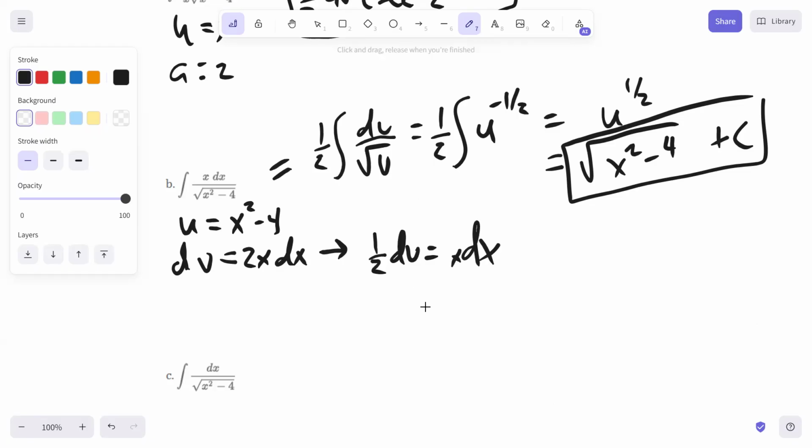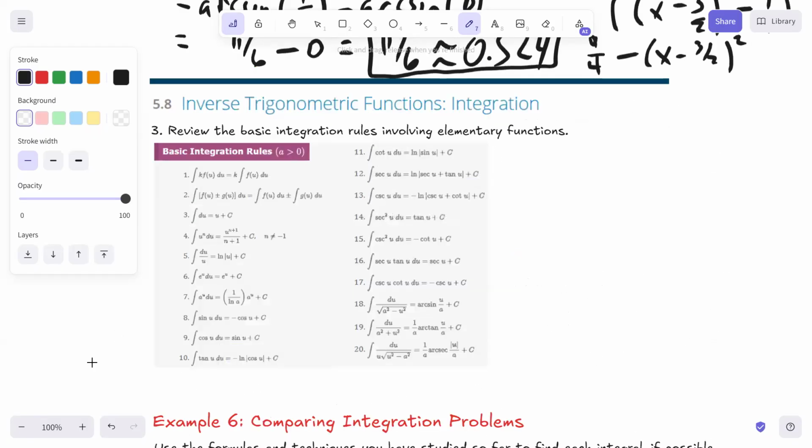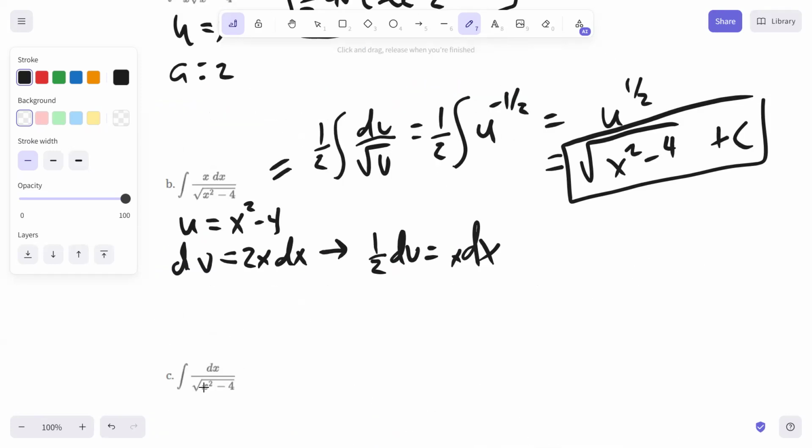If we scan the list of integration rules up here, there is no integration rule that has a square root of function squared minus constant squared, except arcsecant. But you have the u out front, and there's no x out front here. So with what we've learned so far, we cannot figure this one out. There are techniques for how to figure this one out, but we have not studied those at this point, so you wouldn't be expected to figure this one out.